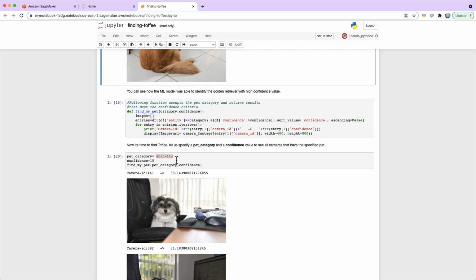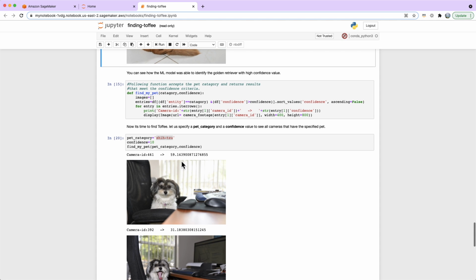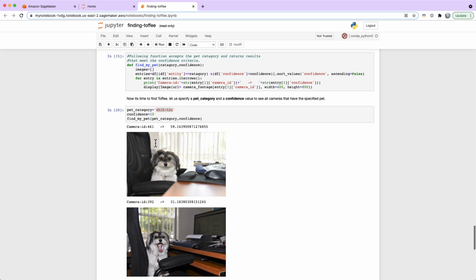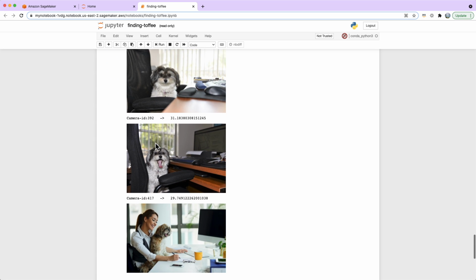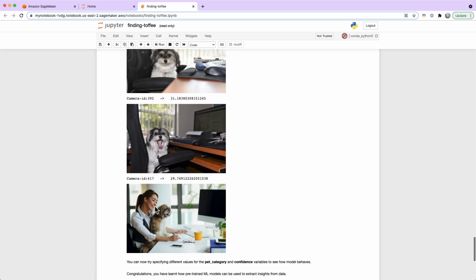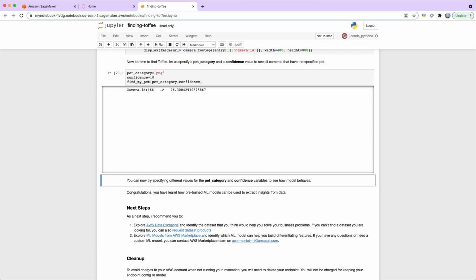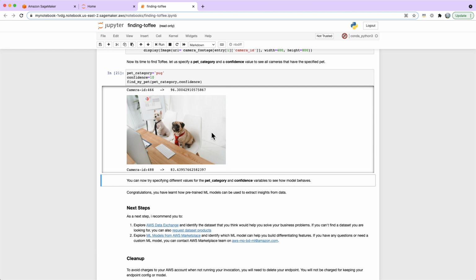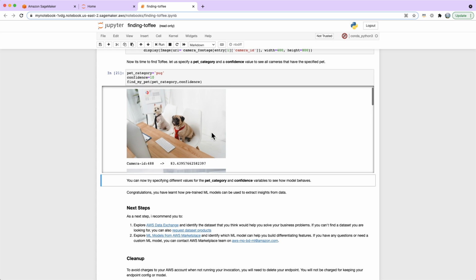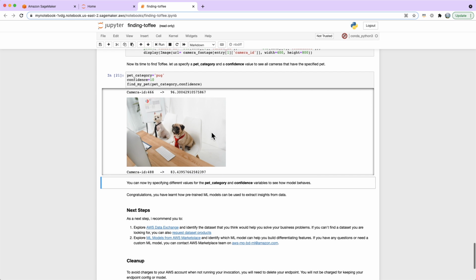So you can see over here that the pet category was specified as Shih Tzu, and the confidence value was specified as 10, and you can see the different cameras which were identified where a Shih Tzu was located. You can now change this value to something different, such as a bug, and you can see that there are different cameras which were identified, which had a bug in it.